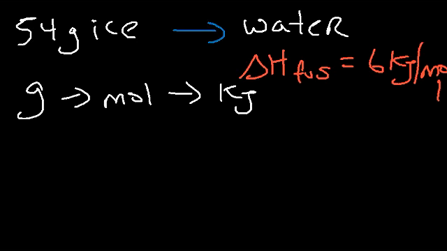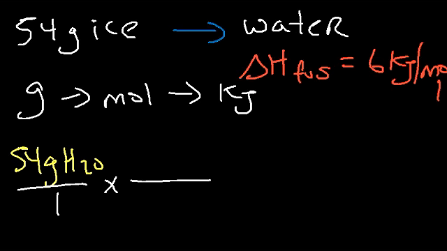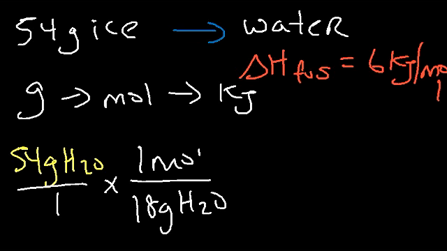So let's begin. We have 54 grams of H2O in the solid form, and if you look at the periodic table, oxygen has an atomic mass of 16 and hydrogen has a mass of 1 times 2. So the molar mass for water is 18 grams per 1 mole. And so the units, grams, cancel.